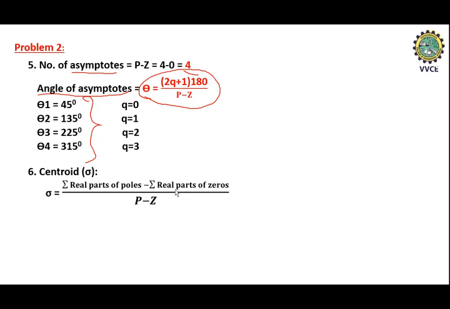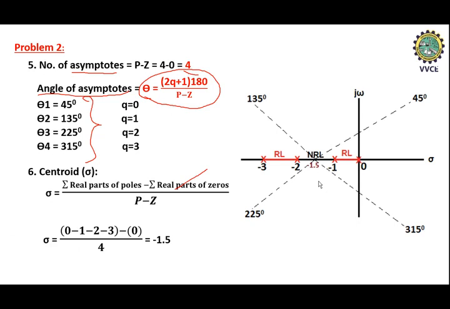There are no zeros, it is 0. In the poles, how many poles are there? 0, -1, -2, -3. All are real values itself. So you can directly add -1, -2, -3. These 4 are the roots, that is poles. So 0, -1, -2, -3 divided by 4 gives -1.5. So the point at -1.5 is the centroid.